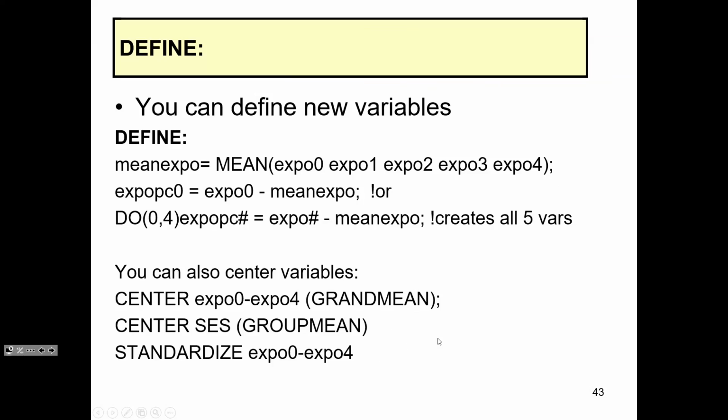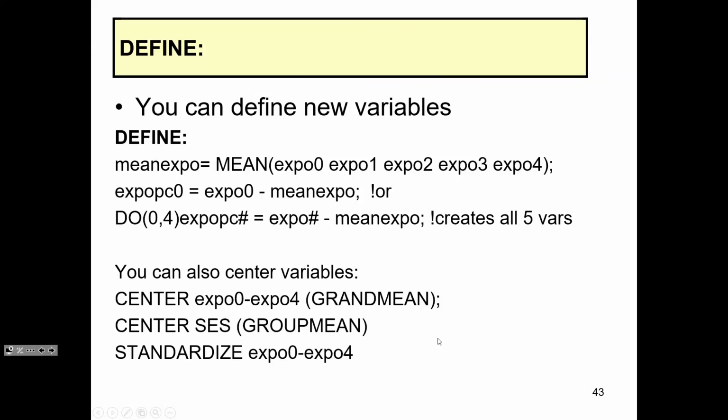And then if you wanted a variable that was mean centered, for example, you could say expo PC0, a new variable, is exposure 0 minus the mean of exposure. So now I've just created the deviation between this exposure and the mean across time. Or again, it could be across people, however you want.